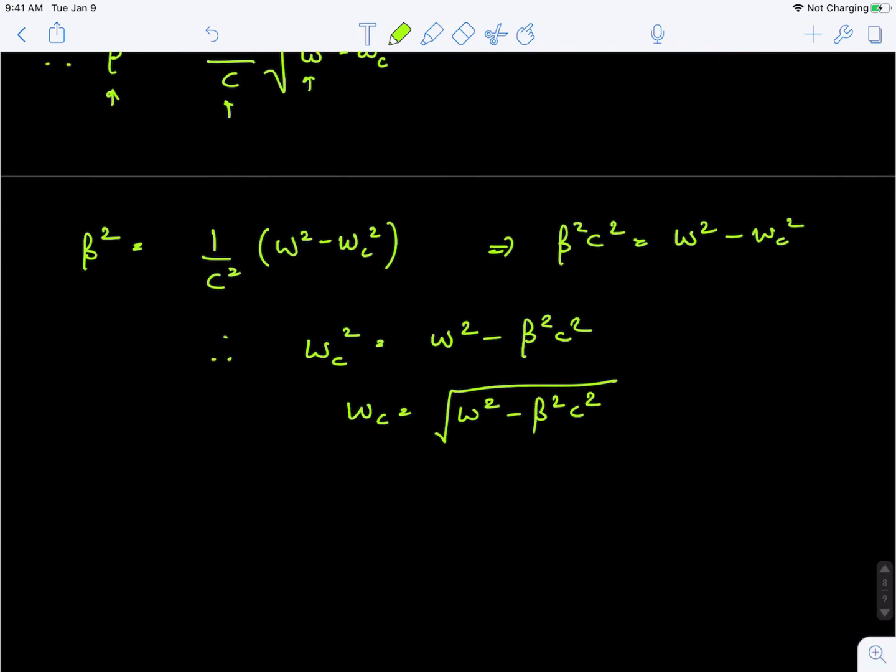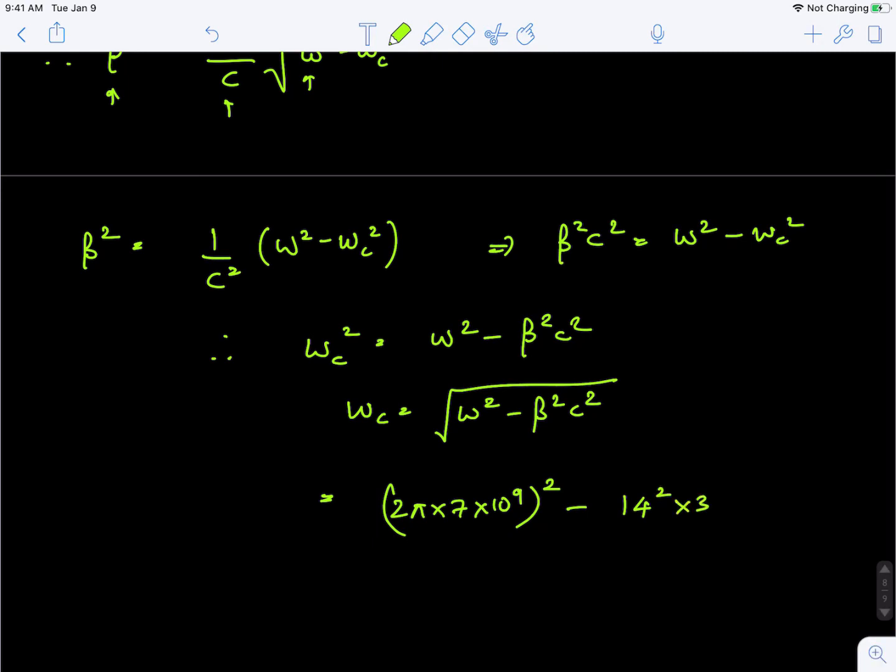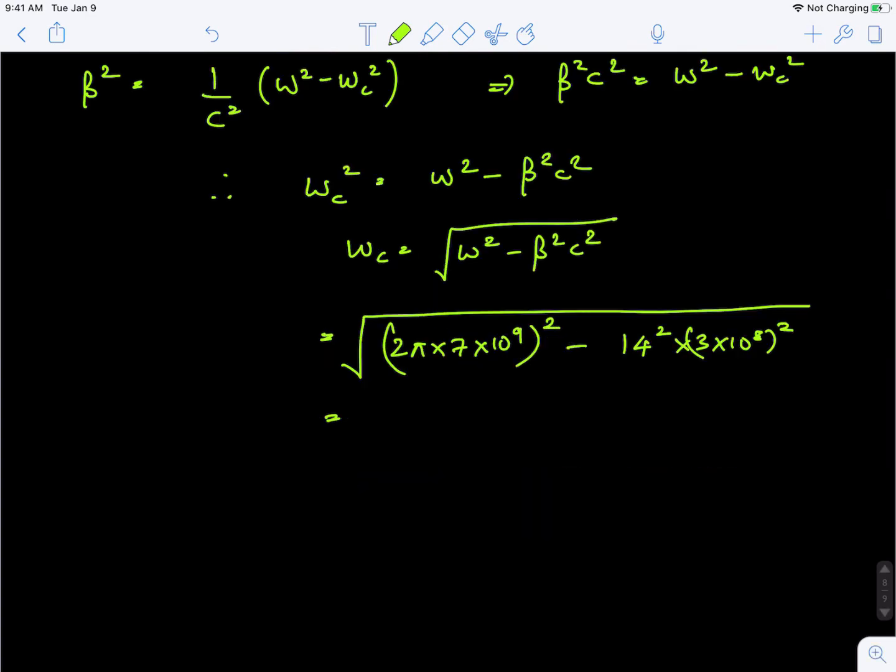We know that omega is (2π × 7 × 10^9) whole square minus beta square, which is 14 square, times c, which is (3 × 10^8) whole square. So that's going to give you 43.78 × 10^10.